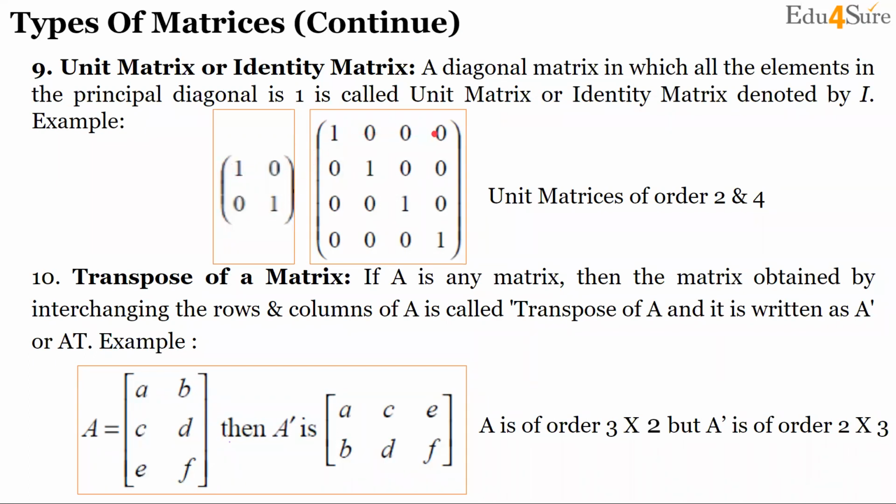Similarly, this is 4 cross 4, where the diagonal elements are 1. This is called a unit matrix or identity matrix, and it is denoted by I. This is called the principal diagonal, where all the diagonal elements are 1. Now, what do you mean by transpose of a matrix?